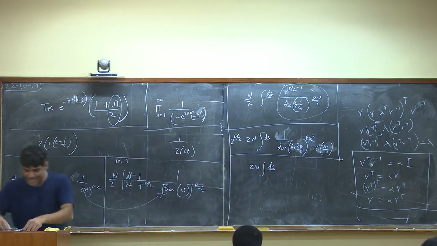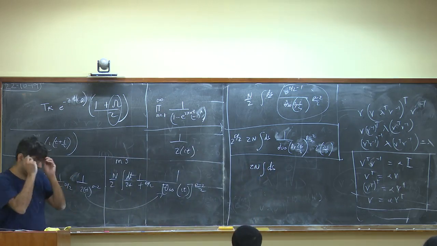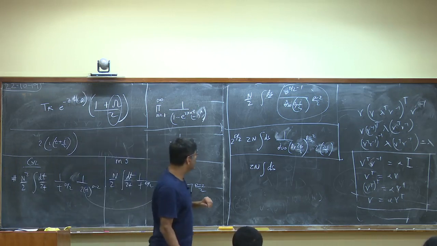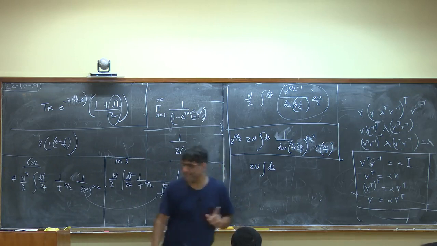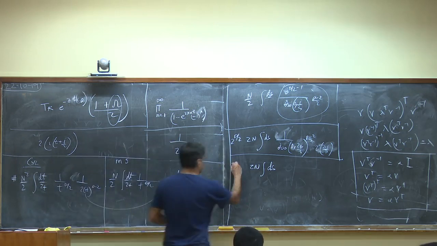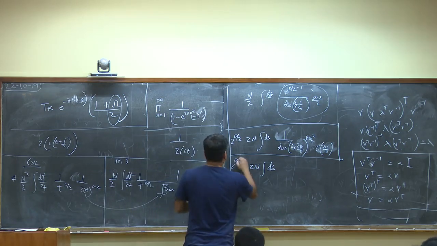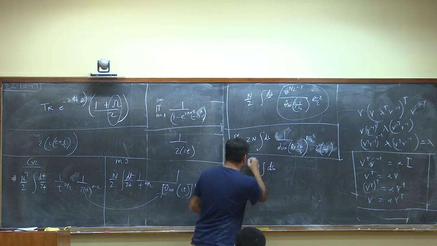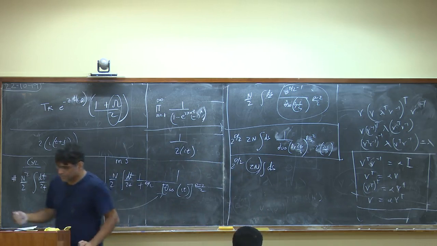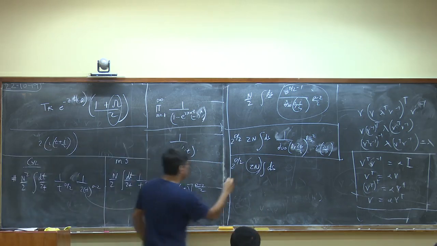The important point here is that that something is 2 to the power d by 2, from here. But that something also comes with a minus sign.